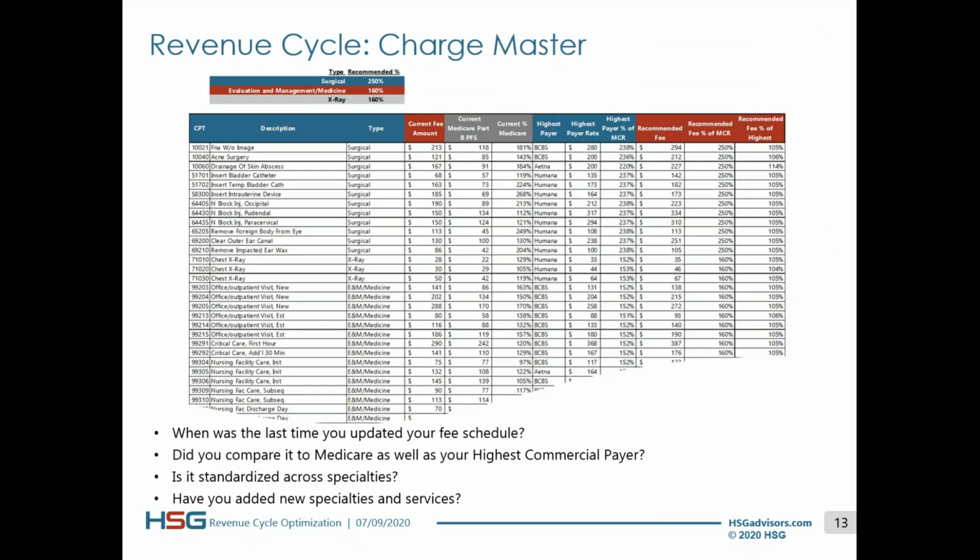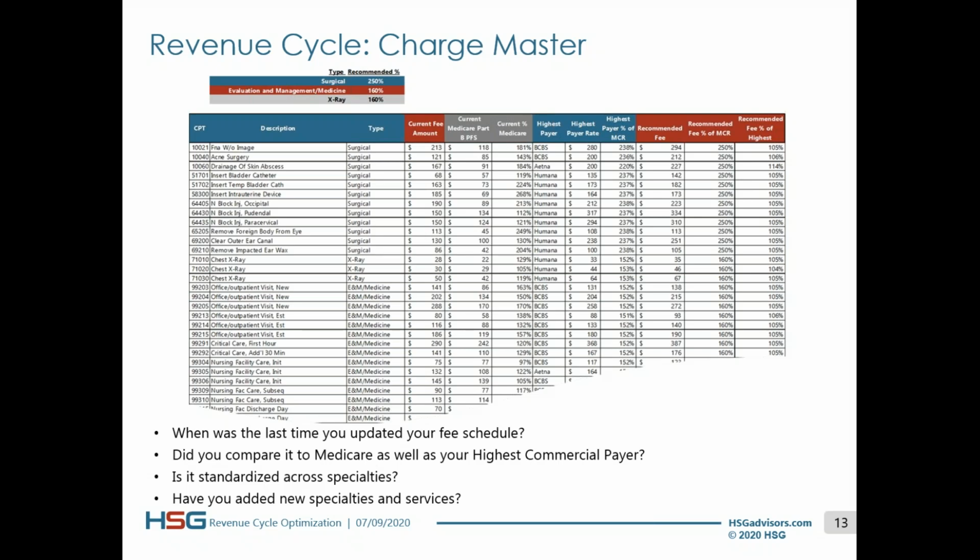And so with that, kind of looking at our charge master and comparing basically to 2 points, our highest commercial payer, as well as looking at how we compare to Medicare. Most payers base their fee schedules off a percentage of Medicare, so it's always good to compare to current Medicare.